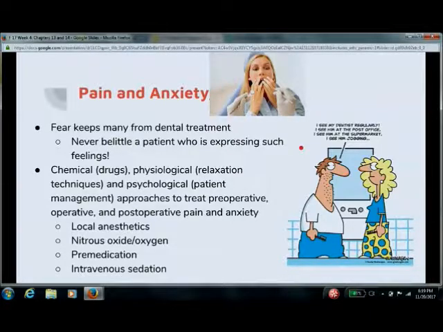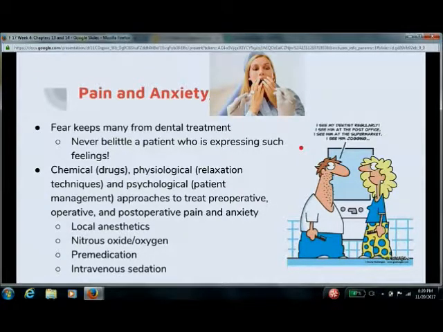So don't do that. So what do you want to do? You want to tell them that you know that this is difficult and that everybody has some degree of fear, especially when they have to let go of control. So it's about being able to trust the dental assistant and the dentist. And so we'd like to sort of build that trust.